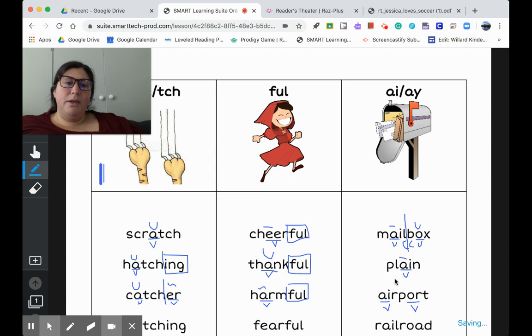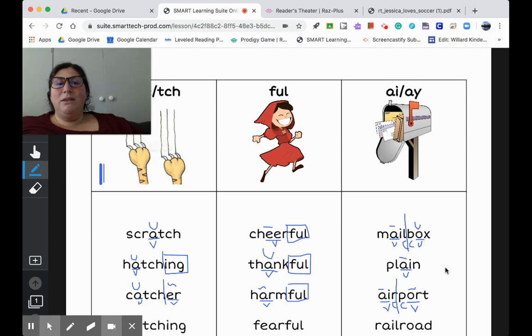Now I'm going to bring down my consonants. I'm going to split in between my consonants here. AI says A. OR is a bossy R, so I'll squiggle and I could write BR on top. And now I'll read this word, airport. Airport. So that's all the coding for today.